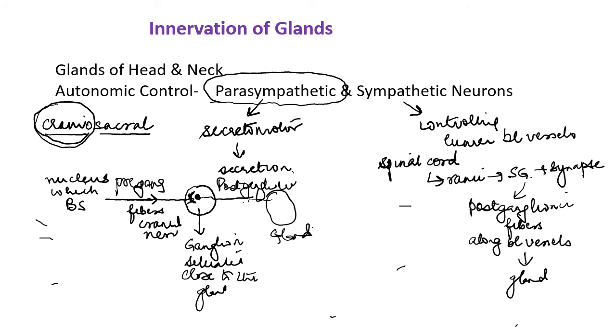So this is the general plan of innervation of the glands which we are going to be seeing in head and neck, and this is how the various glands are going to be innervated.